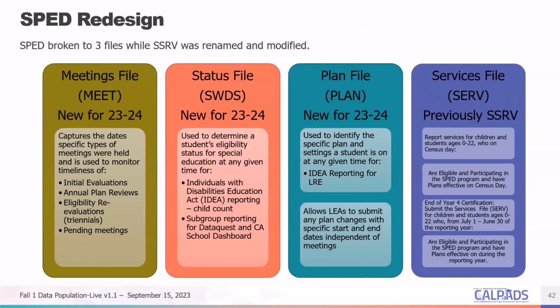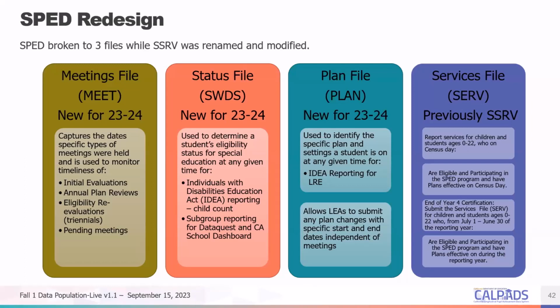The meetings file is intended to capture the dates that specific types of statutory meetings were held, including initial evaluations, annual plan reviews, eligibility reevaluations, and pending meetings. The MEET file will be used to monitor the timelines of these statutory meetings.